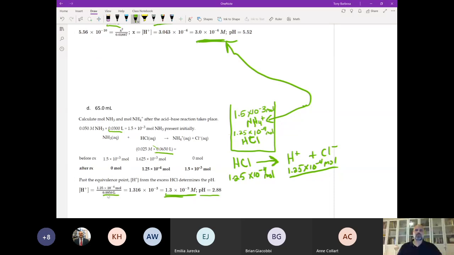Whatever quantity of HCl we have is the quantity of protons we have, which is what we plug into the equation when we figure out our concentration. So the HCl is dominating, because we end up having a 1.13 times 10 to the minus 3 molar solution of HCl. Does that make sense?